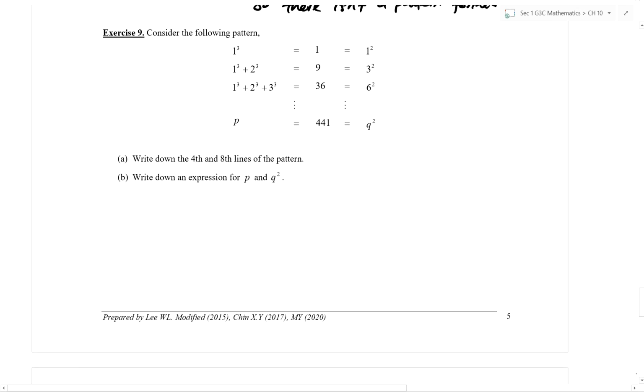Example number 9. This is line 1, 2, and 3. Next line, number 4, we see that it is always made of 1 cube plus 2 cube plus 3 cube, and we end at the 4th cube.